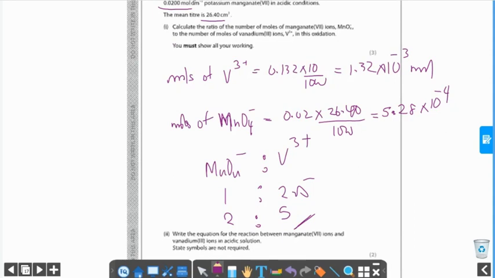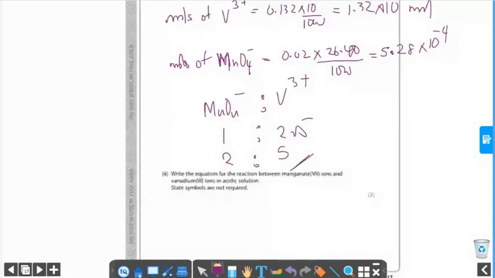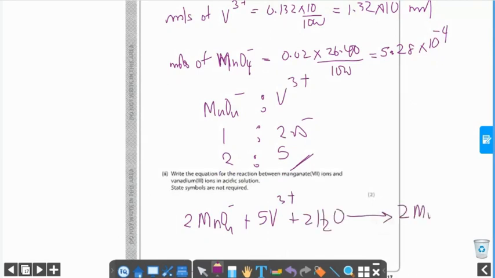Write the equation for the reaction between manganate 7 and vanadium. So 2 is to 5. To balance it with respect to water, you can check the data booklet for this. To balance H and O, you have to add water. Manganese.